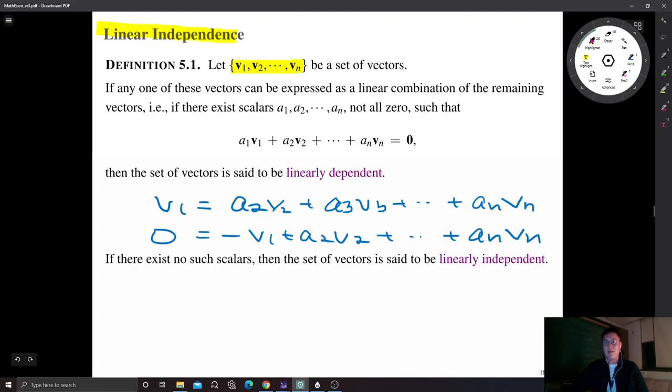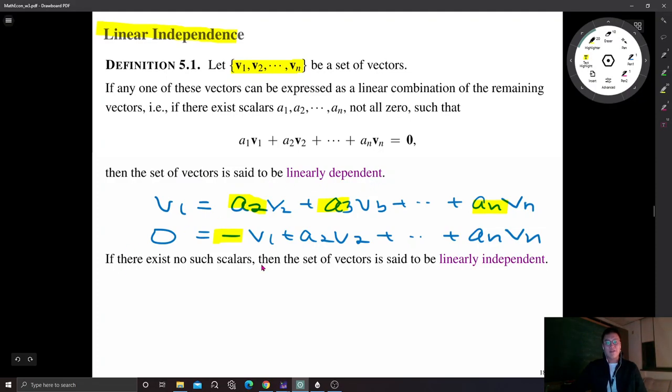Because we have non-zero scalars, since we can make sure a sub 1 is negative 1, a non-zero number, so one of these scalars is non-zero. Then we say the vectors are linearly dependent.